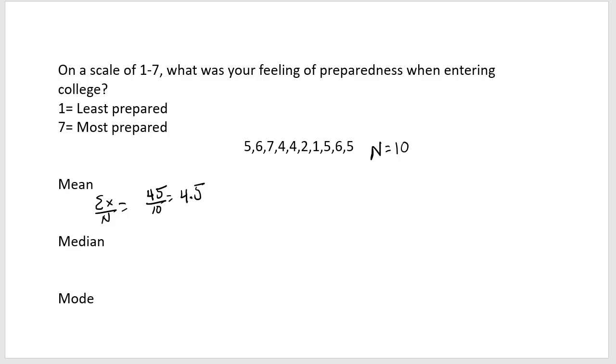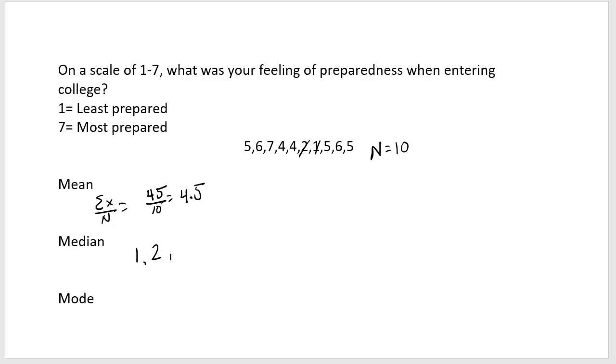The median is going to be the middle of these numbers if we sequentially arrange the numbers. So let's go ahead and sequentially arrange them. The lowest number is 1. And then we have 1, 2. We don't have any 3s.